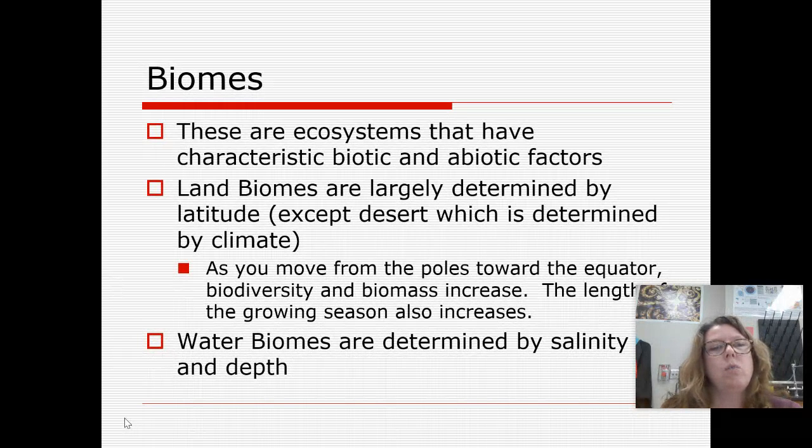But in general, as you move from the poles, right, on the ends of the planet toward the equator, right, the biodiversity of each biome increases and the biomass of each biome increases. And largely, this is due to the fact that the length of the growing season increases, right? You go from having real extreme temperature changes to having no temperature changes, right?